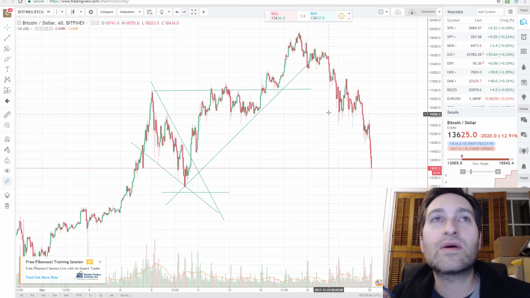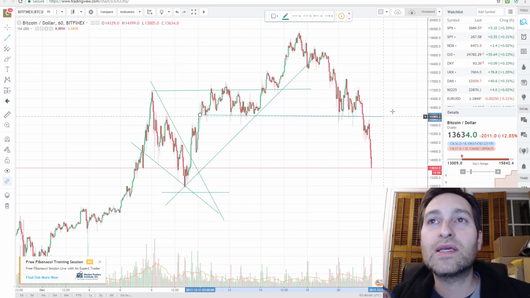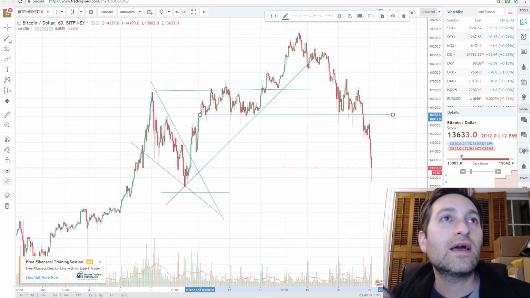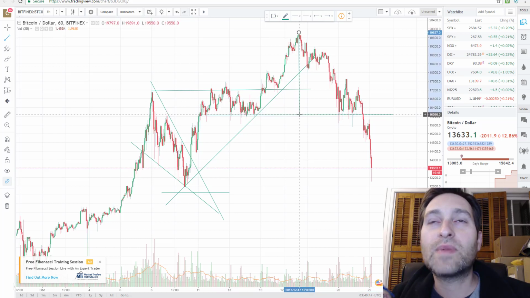So, but what does that mean? Okay, so let's take a look at the neckline here. The neckline is approximately right around here. Okay, and the way you use this is you take the highest point down to the neckline, which is about here.